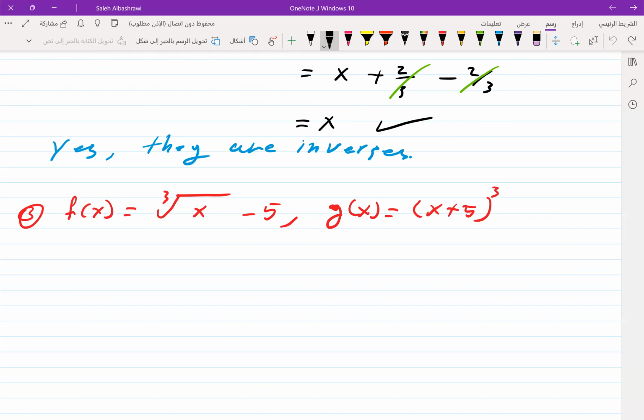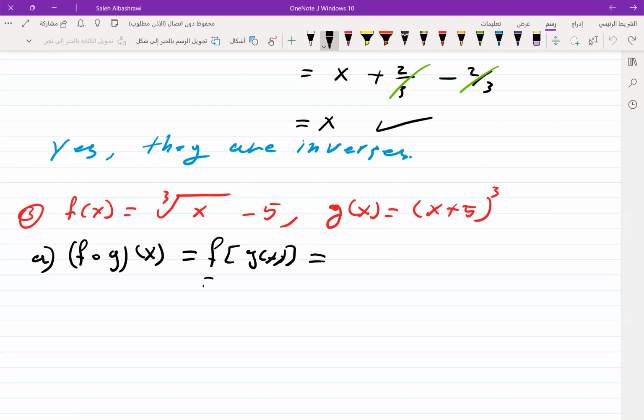Then this is the first condition, f composite g, which is f of g of x. Replace any x in the function f by g of x.